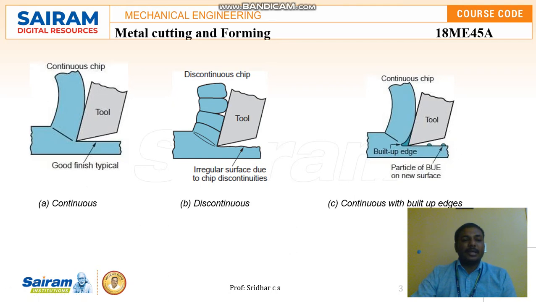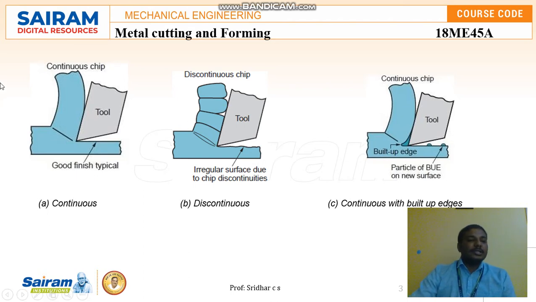This is how the continuous chips will be formed. This is the form of the discontinuous chips. For built-up edges, we can see small edges along the workpiece, which form what we call built-up continuous chips. The chips are formed continuously, but they cause built-up edges. Now we'll go through them one by one: first how continuous chips are formed and what their function is, then discontinuous chips, then continuous chips with built-up edges.